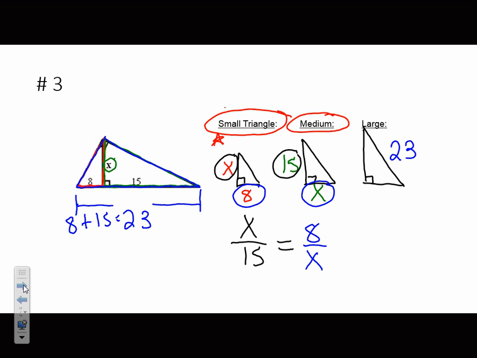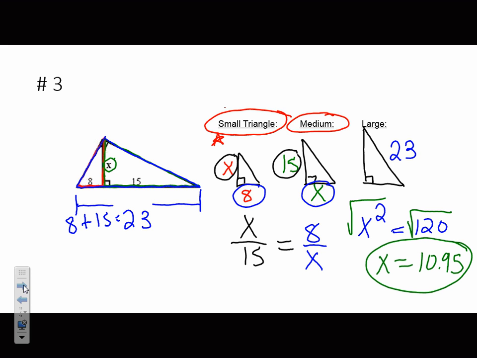And I'm going to get x squared equals 120. To solve for this, I'm just going to take the square root of both sides. And x is going to equal 10.95. All right, so there's another example of that.